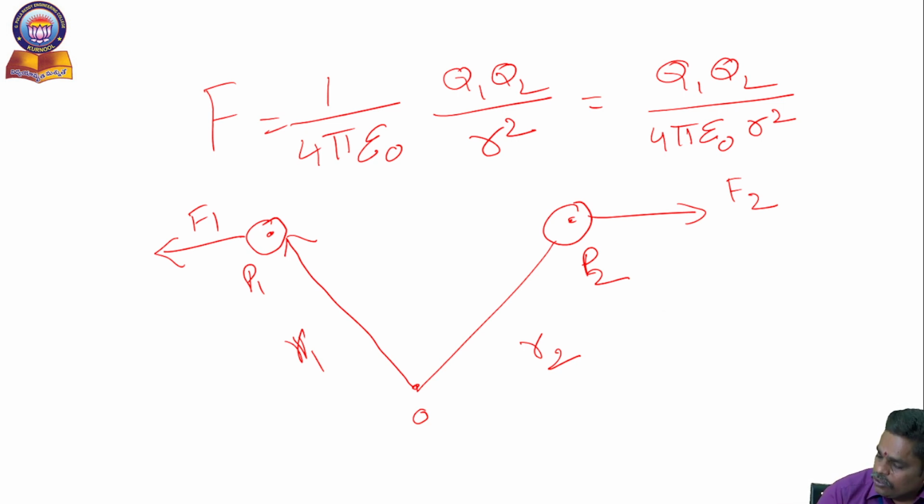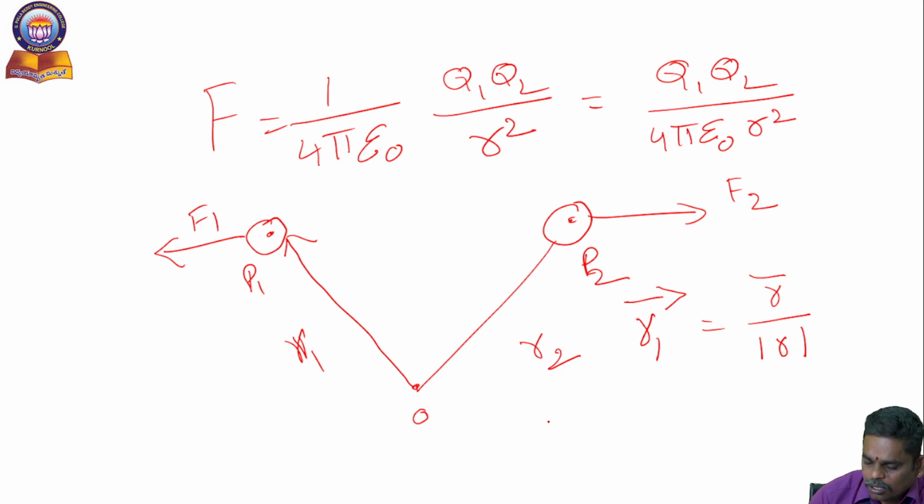To calculate all this we need to find a unit vector. To find the force at any point, we need to know the unit vector. The unit vector can be represented with r, or in some books small a, is equal to r dash divided by mod r.